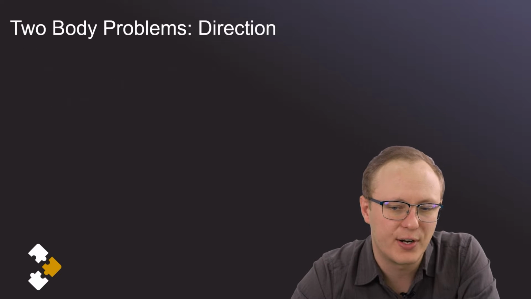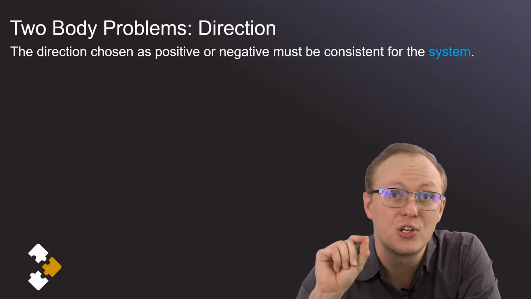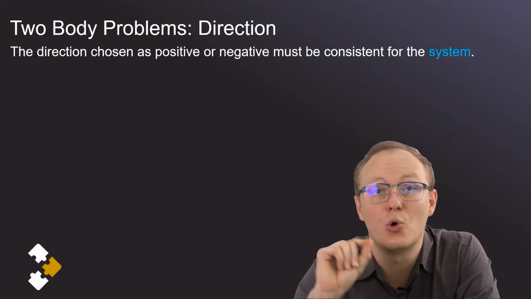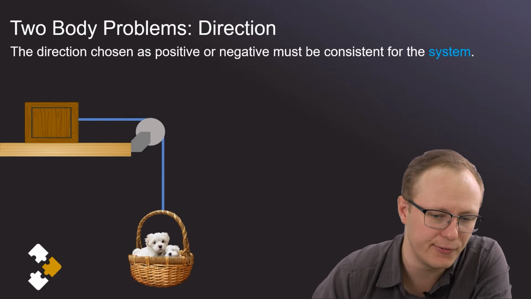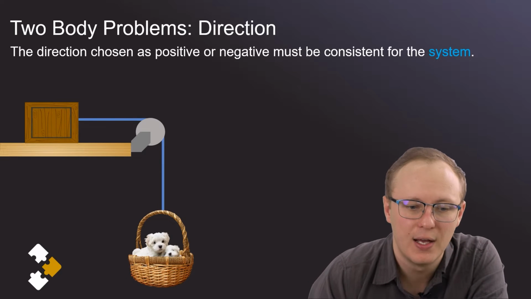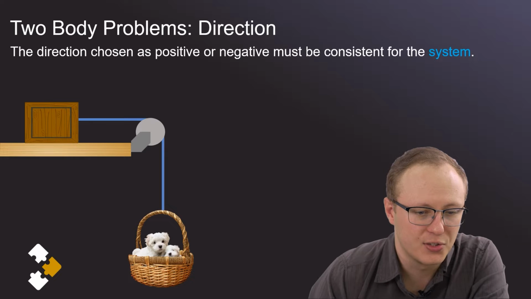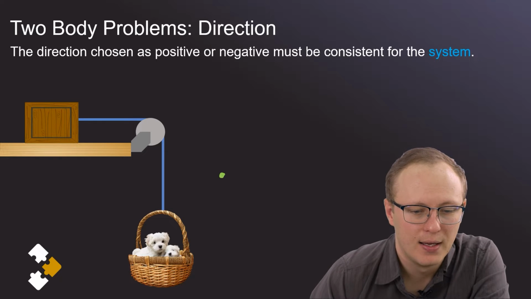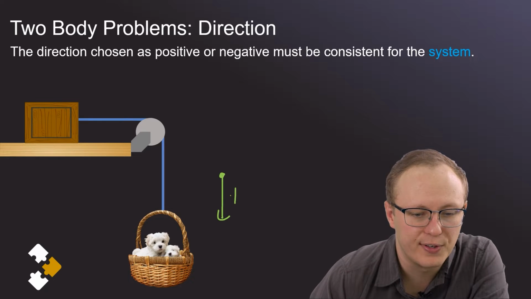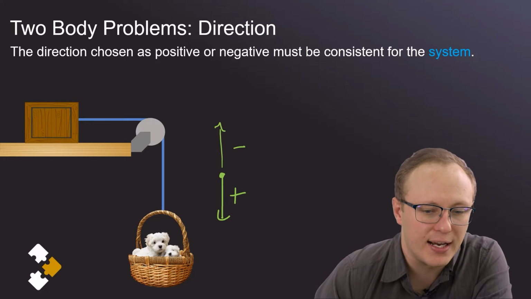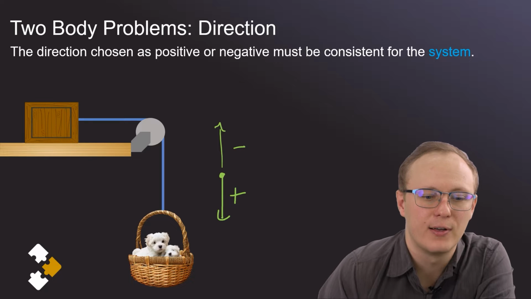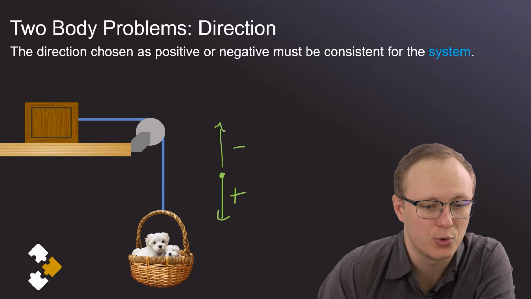Now for this direction thing, the direction chosen as positive or negative must be consistent for the system. So let's say, for example, we've got these puppies that we are going to suspend from this crate here. If the puppies are going to move down, and we call that the positive direction, then the crate has to move rightwards.